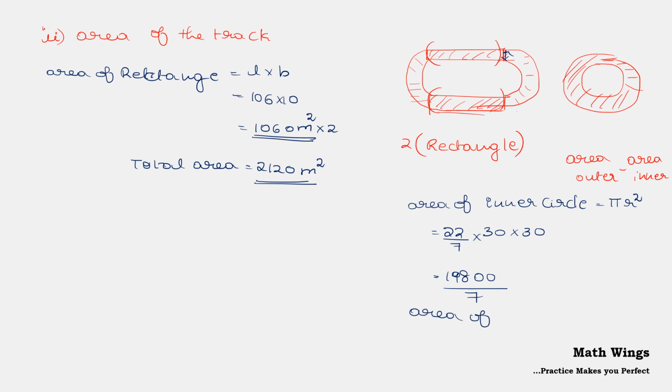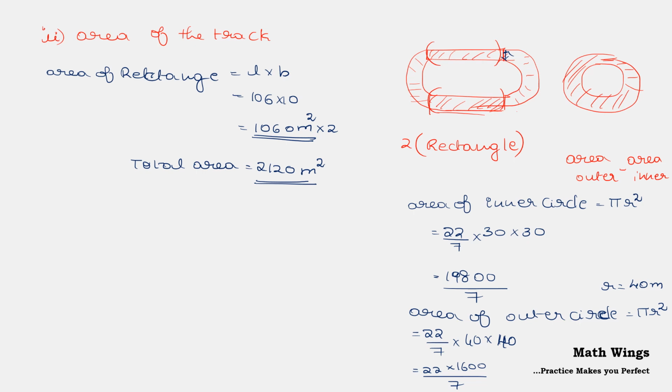Area of the outer circle is equal to the same pi r square, but here we have to take r as 40 meters, right? So what's the area of the outer circle? Area of the outer circle is equal to 22 by 7 into 40 into 40. This gives us 22 into 1600 divided by 7.